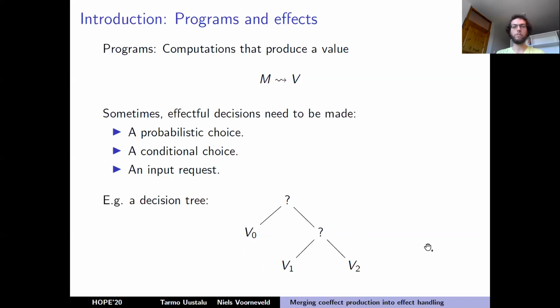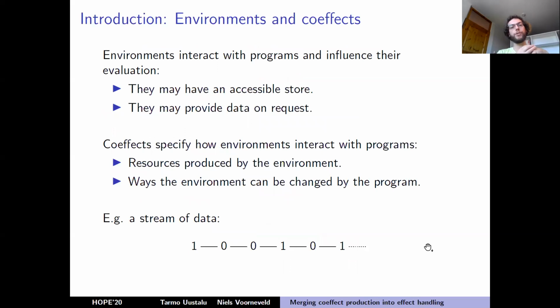And depending on the choices, the answers, the bits that are gotten, we have different results, values that are produced. On the other hand, we have environments, and the environments may respond to these effects in different ways and influence the program behavior. We can consider two types of environment as an example. For instance, the environment may have some accessible global store that can be updated and looked at by the program. Or the environment may produce answers to queries of the program, and so provide data on request.